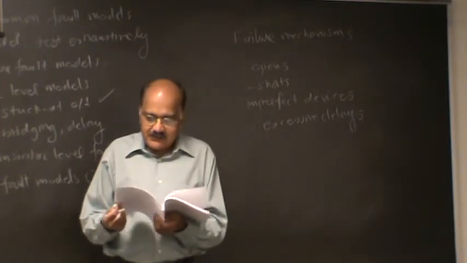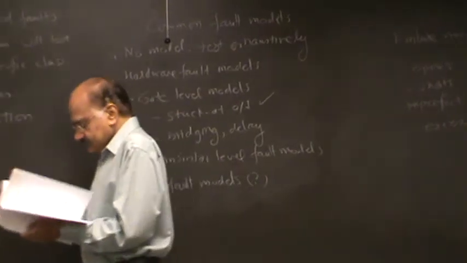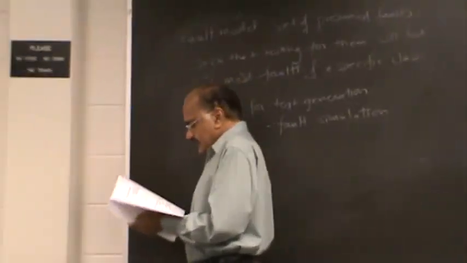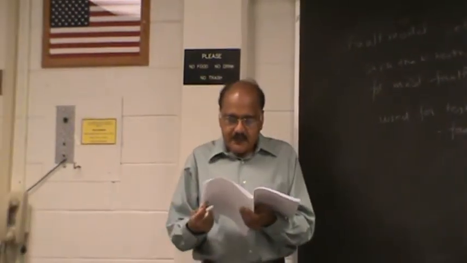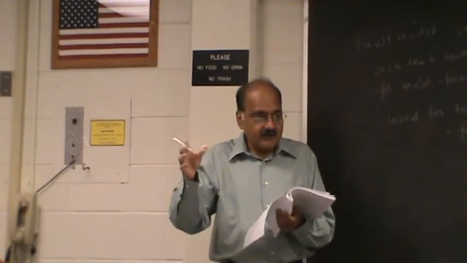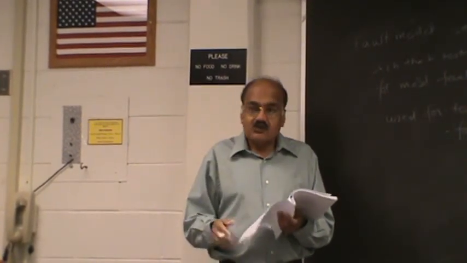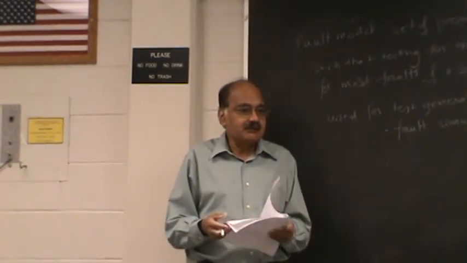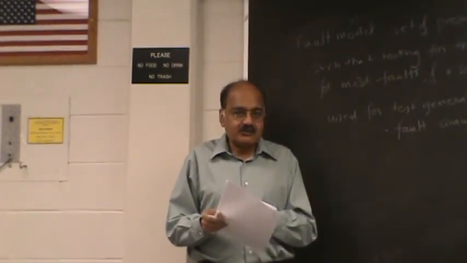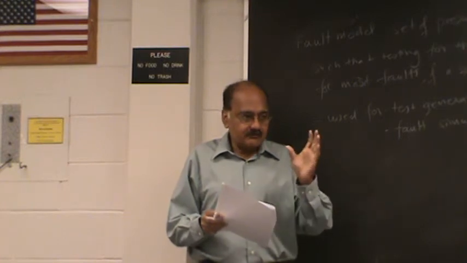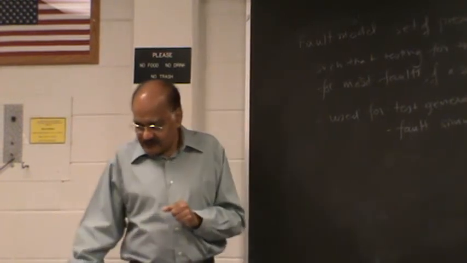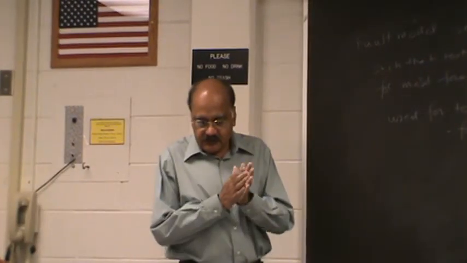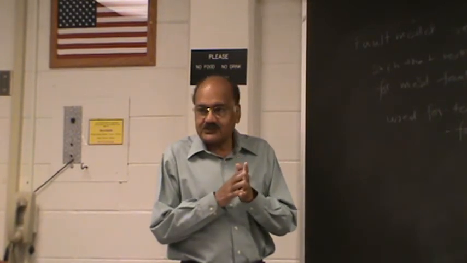And after having looked at the fault models, we are going to go to the next topic, which will be test generation. So we will continue with fault modeling for probably a couple of lectures. And I will introduce the idea of how a certain fault could be tested. And later on we will come to test generation strategies.